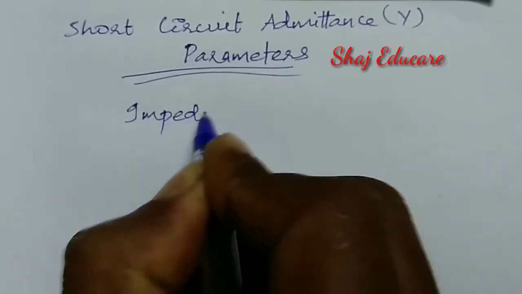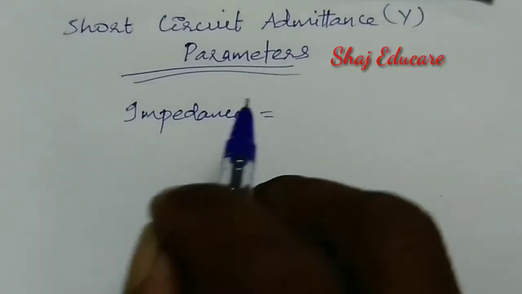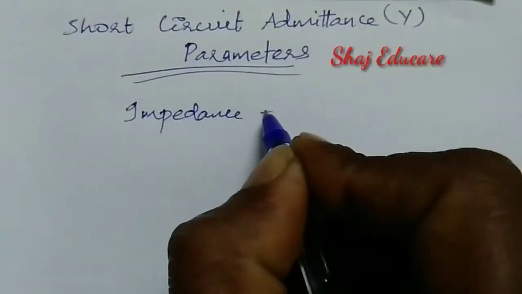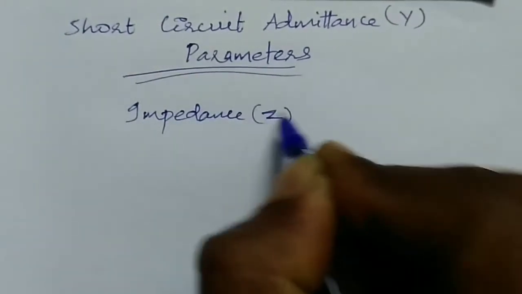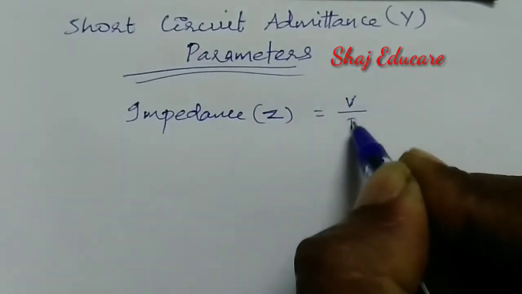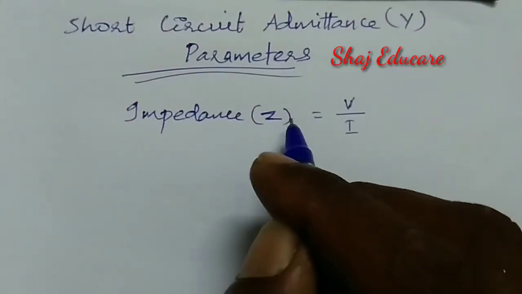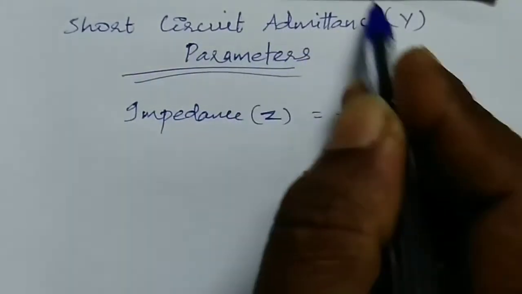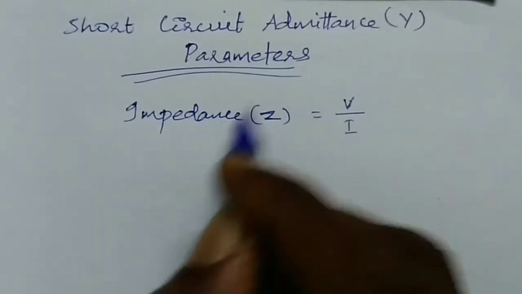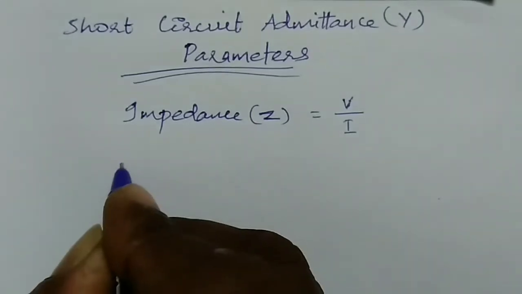Impedance. We have already discussed that impedance, Z, is the ratio of voltage to current. Admittance is the inverse of this impedance.